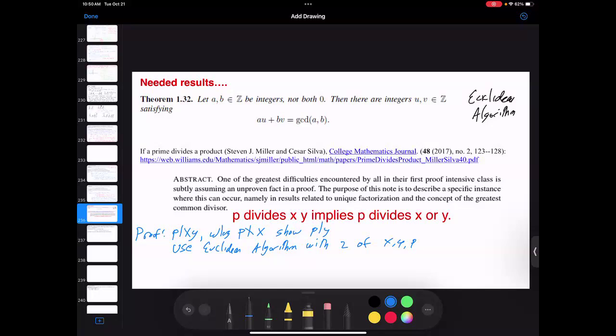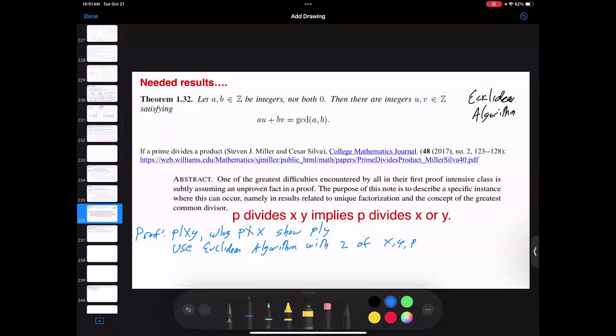The only thing I know right now is P divides XY. P does not divide X. I want to show P divides Y. So how many ways are there to choose two of X, Y, and P? Order doesn't matter, right? The Euclidean algorithm doesn't care about the order in which you do things.